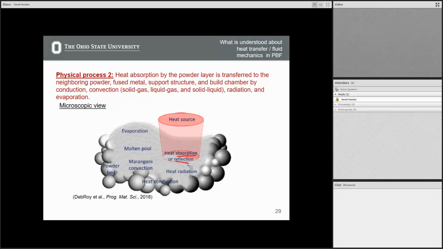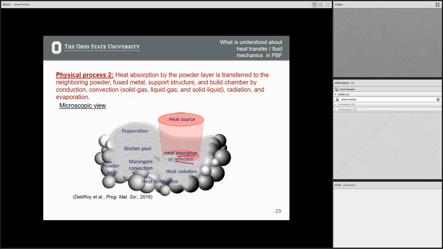It reflects back into the environment above it. So this heats up this region, and then heat is going to transfer by radiation, because it's going to be now hotter than the surface surrounding it. Conduction through both the molten metal itself and anything that's not molten below it, a solid metal.